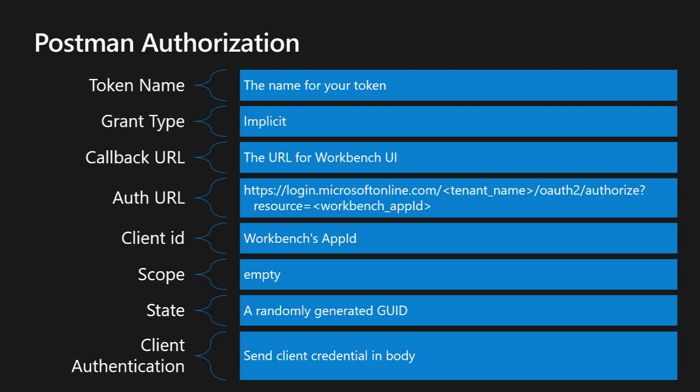You need a callback URL, and you need the authentication URL, client ID, and the client ID is coming from the app registration that is done in the deployment of the blockchain workbench. Then the state is just a random GUID that you can use, and if you use these parameters, you can get a token for accessing the API.